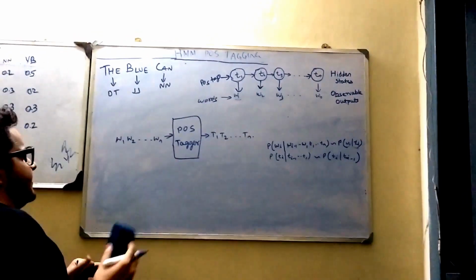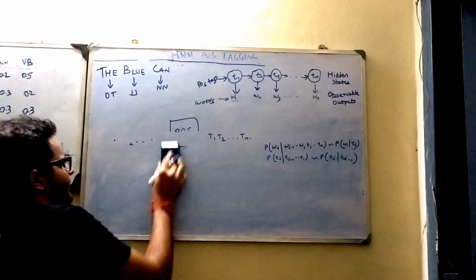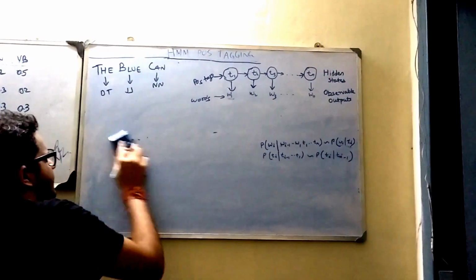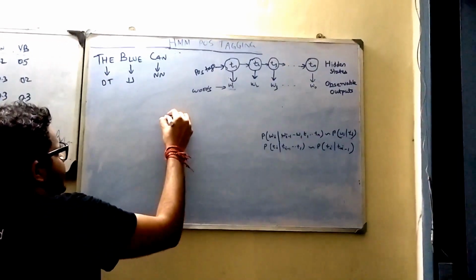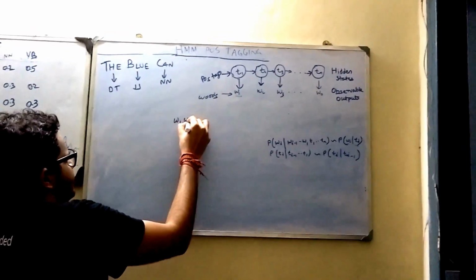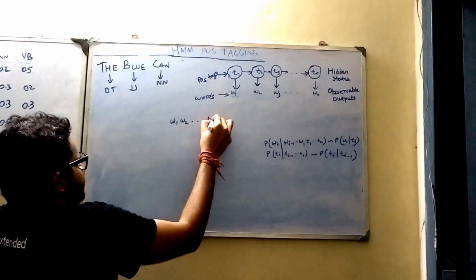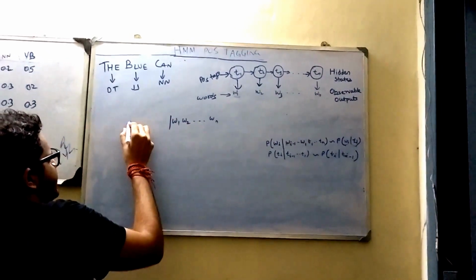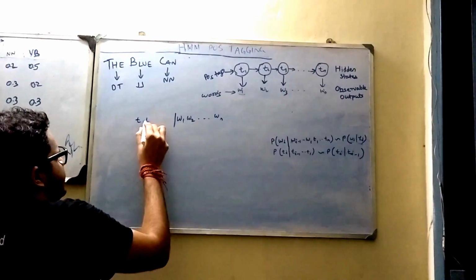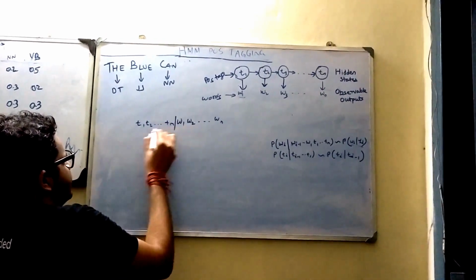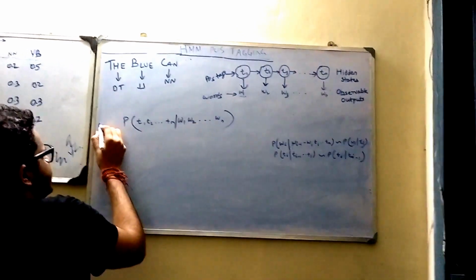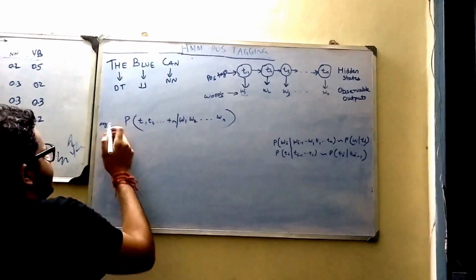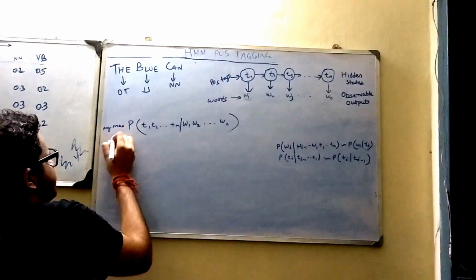Basically, we will use the notion of probability to formulate our system. Let's see how we do this. We are given a sequence of words w1, w2 till wn, and we need to assign some tags t1, t2 till tn such that this probability is maximized for some order of t1, t2 till tn.